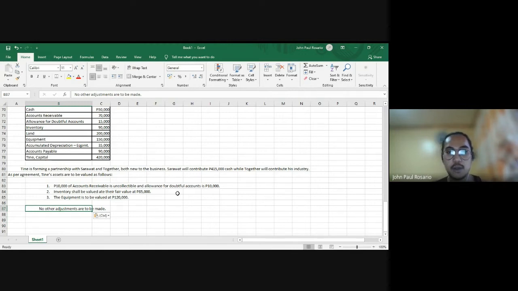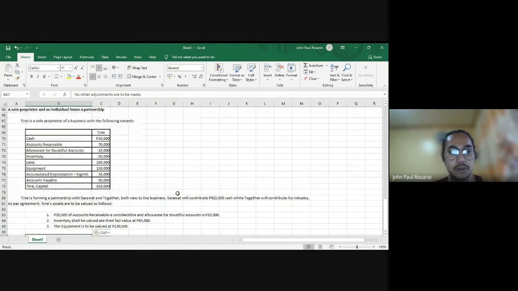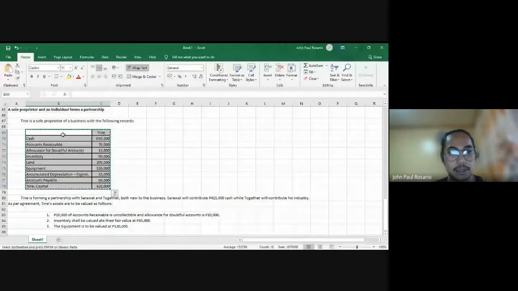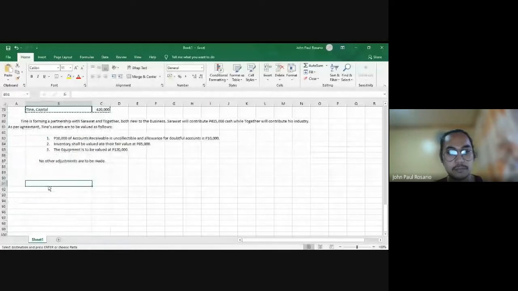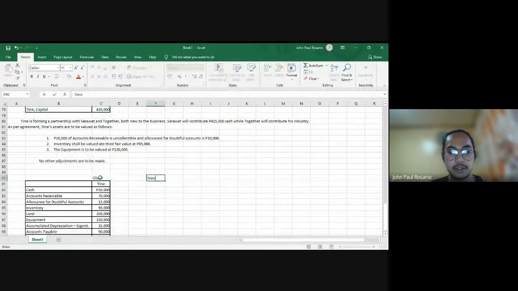You can still create the old values and new values table. So if we want that, let's just do that. This will be the old and this will be the new.